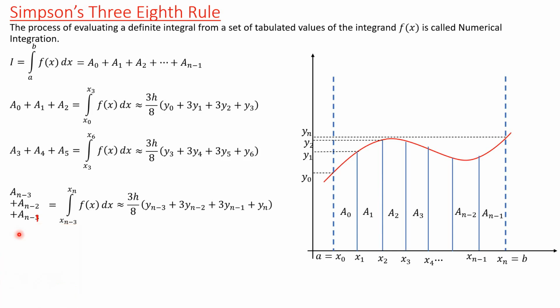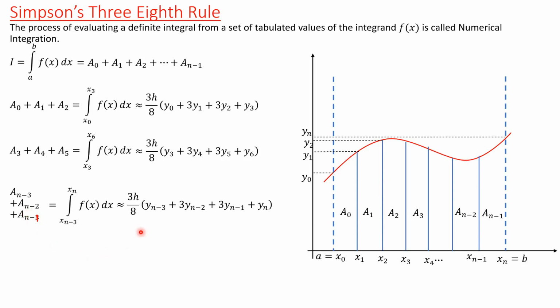Alright. Now one thing is here, that the number of strips must be divisible by 3, because we are going to combine 3 at a time. That means n should be a multiple of 3.